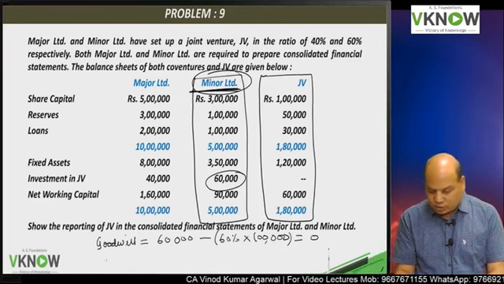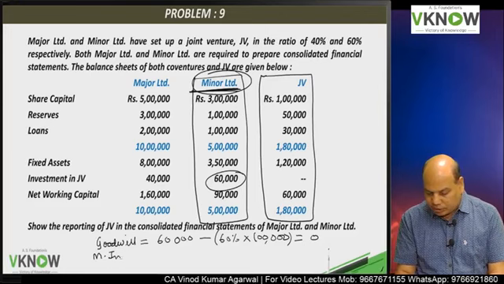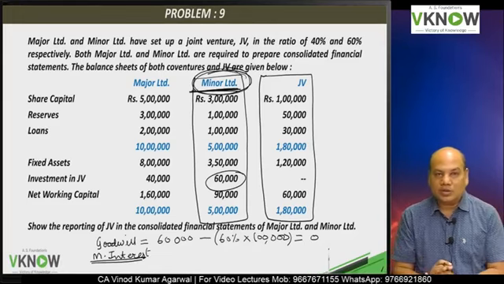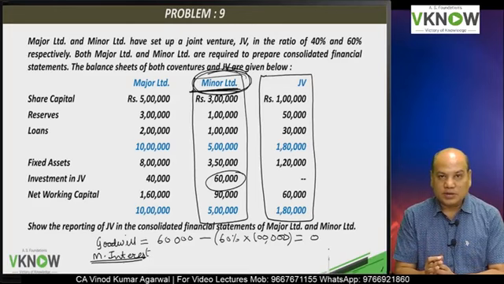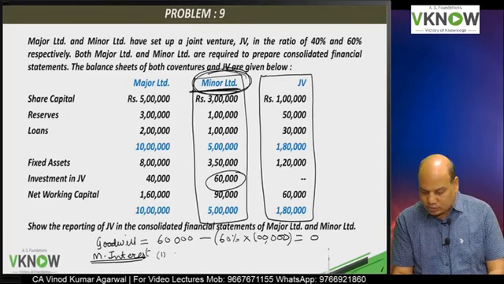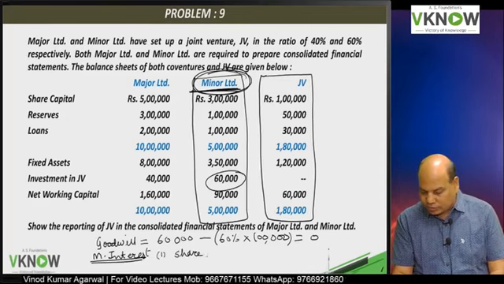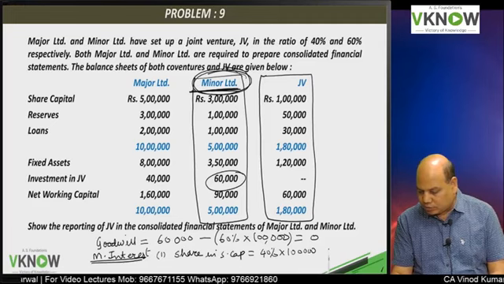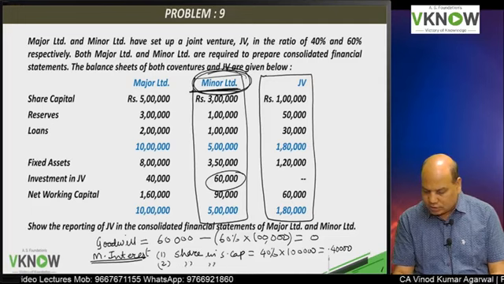And one more working note they will prepare is minority interest, because now you are a parent company but holding only 60% share. For the 40% you will have to compute minority interest. So minority interest will have two calculations: share in share capital, which will be 40% of 1 lakh, 40,000, and second, share in reserves.